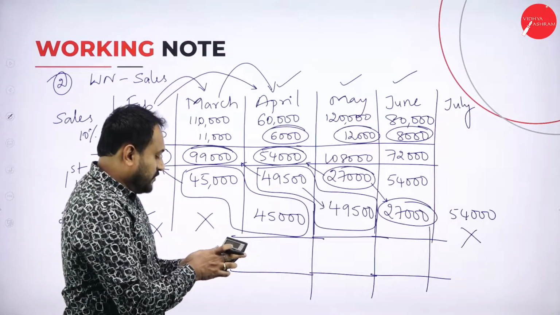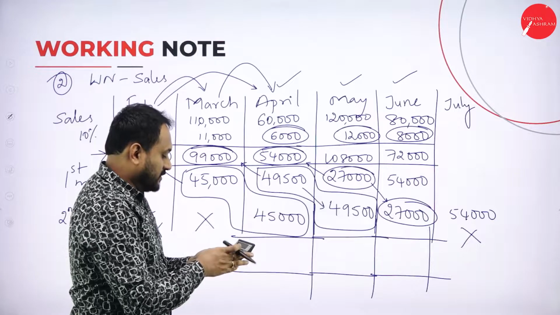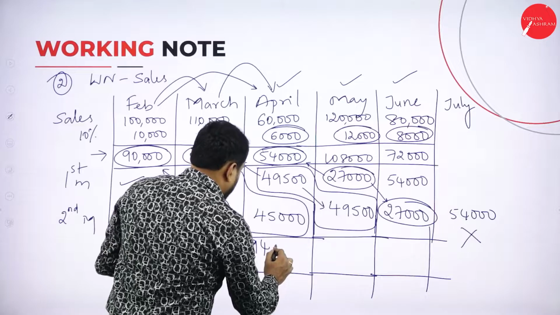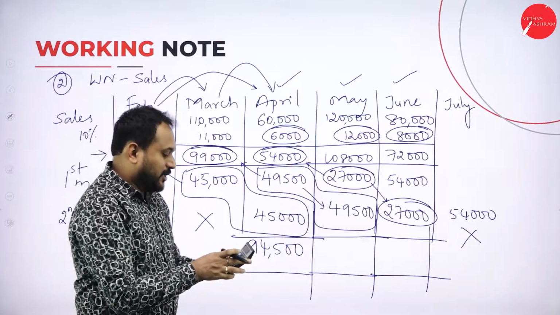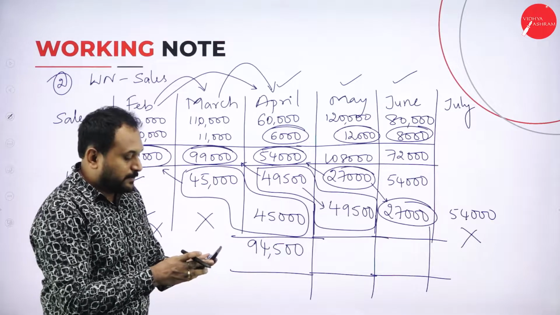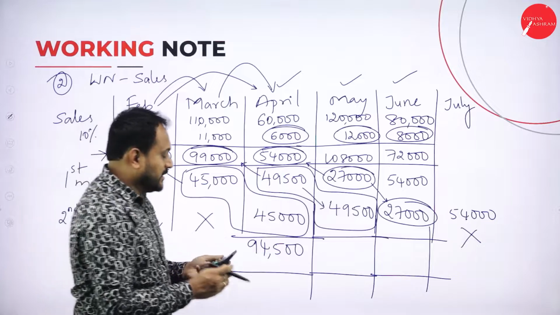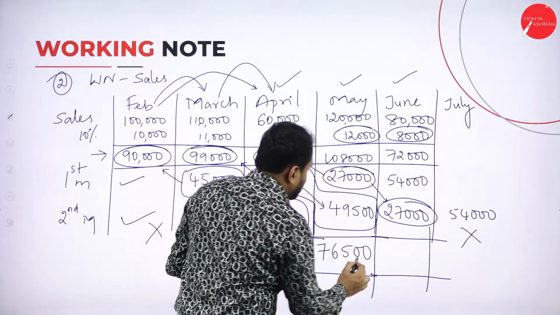The first one is 49,500 plus 45,000, that is 94,500 in the month of April. Next is 27,000 plus 49,500 is equal to 76,500.